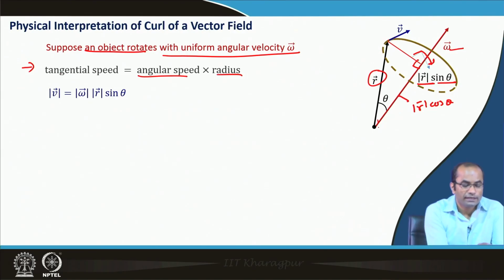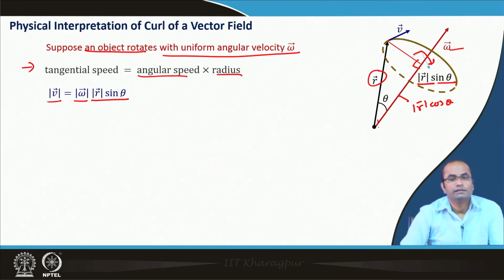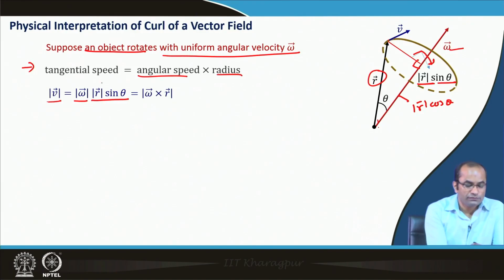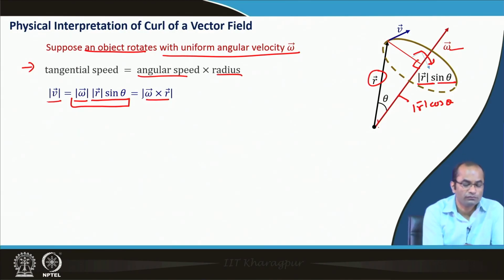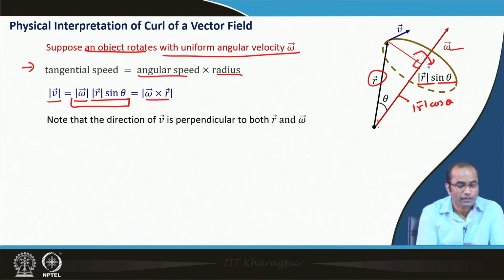So, we can say that the tangential speed, that is the magnitude of v, is equal to the angular speed, that is the magnitude of this omega, and the radius, which is given by the magnitude r sin theta. So, this we can write, we know that this is precisely the magnitude of the cross product of omega and r. And now, we also note down the direction of this v.